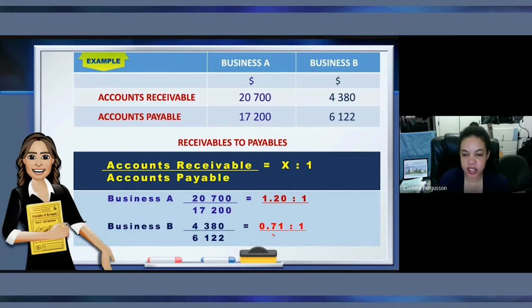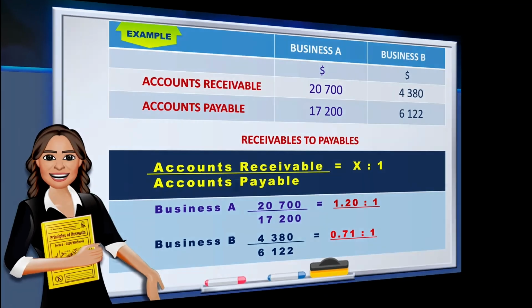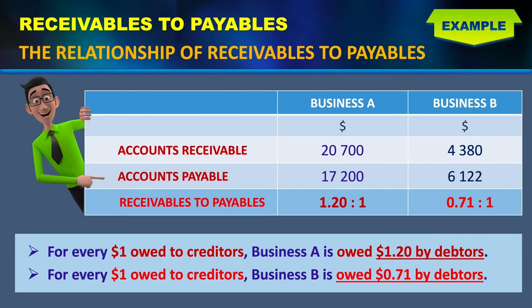The answer you get is 0.71, and you add the colon 1. And that is the interpretation. For every dollar owed to creditors, business A is owed 1.20 by debtors, and for every $1 owed to creditors, business B is owed 71 cents.